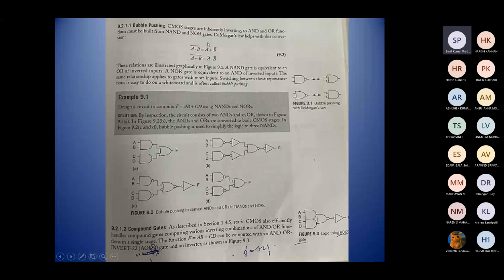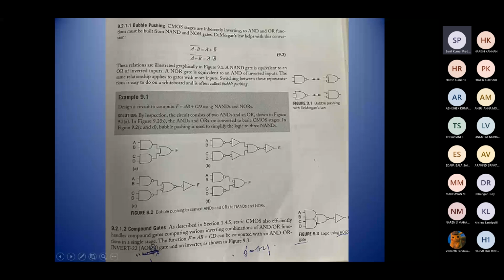I hope many of you know De Morgan's law. It says that if A is one input and B is another input, then (A dot B) complement is equal to A complement plus B complement. This De Morgan's law helps the conversion. Let's say we have this NAND operation and we have to convert it into an OR operation.